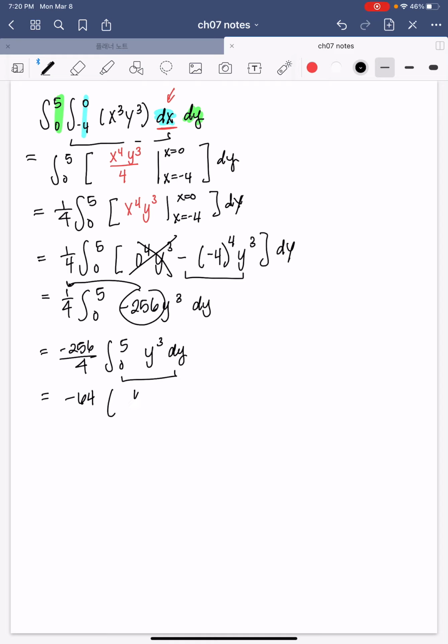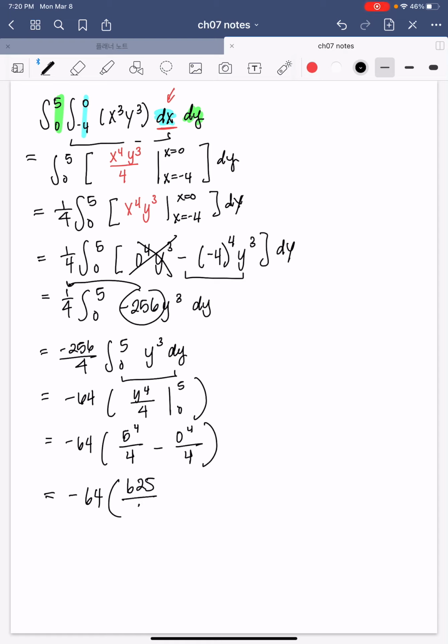Integrating this, raised power divided by new power, 0 to 5. So we have negative 64, 5 to the fourth power over 4, minus 0 to the fourth power over 4. So I'm going to have negative 64 times 5 to the fourth power, which is 625 over 4. The next one is a 0.